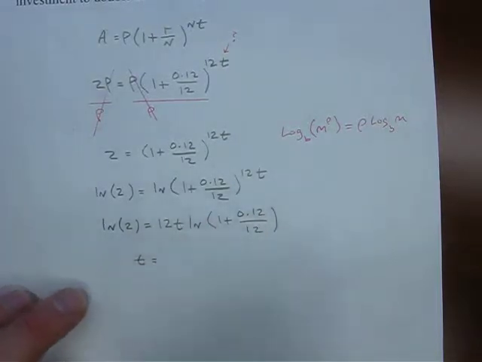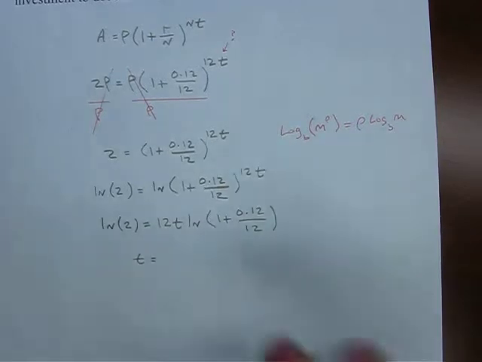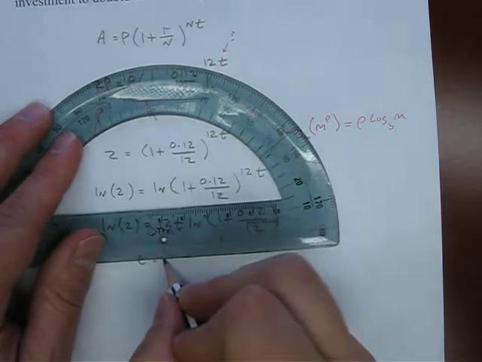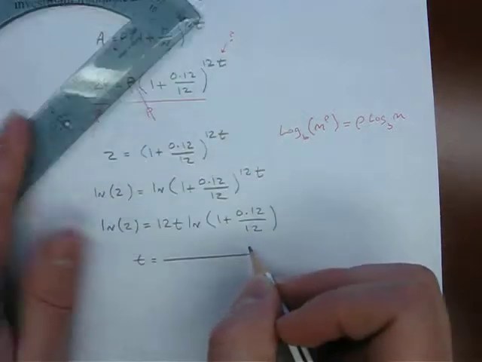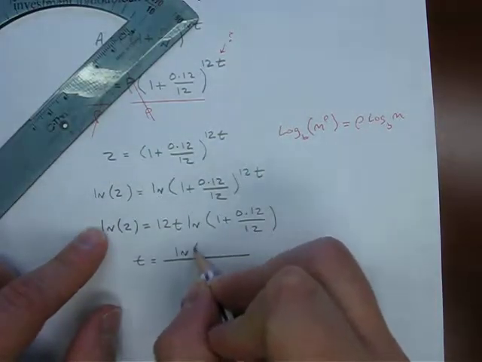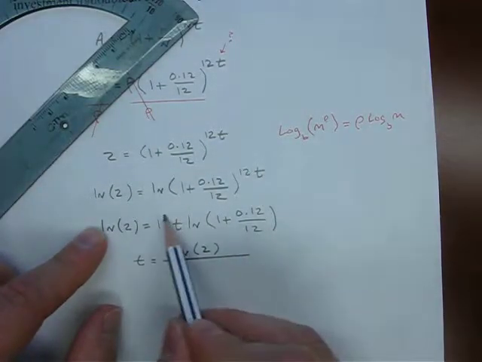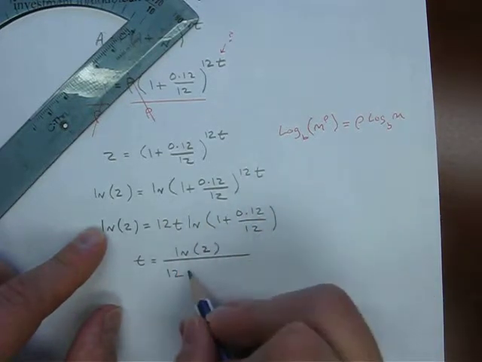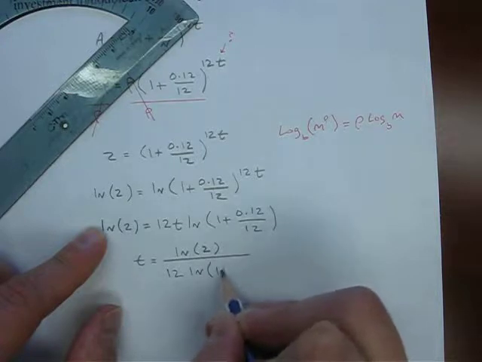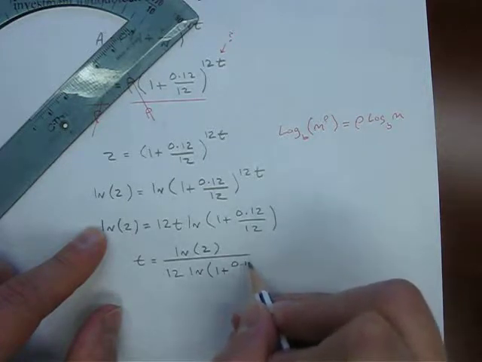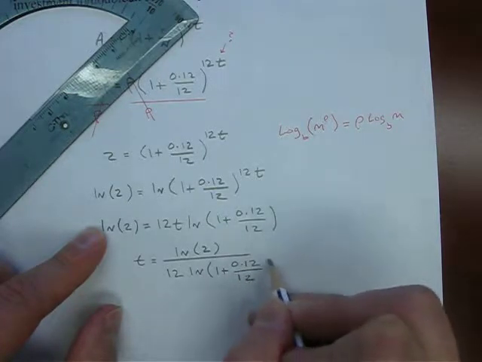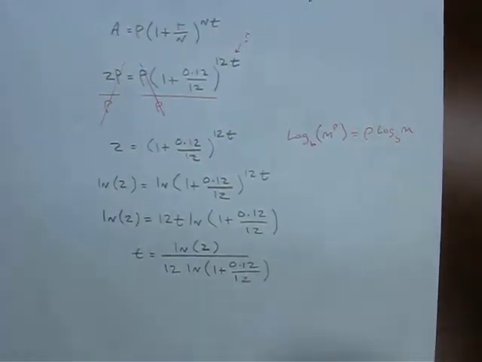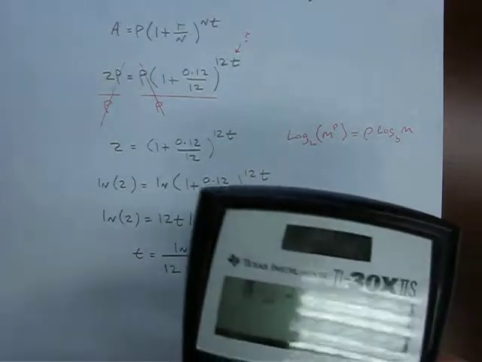All right, so here it is. T is natural log of 2, divided by 12, also divided by natural log of 1 plus 0.12 over 12. There's our number. Okay, calculator required at this point.